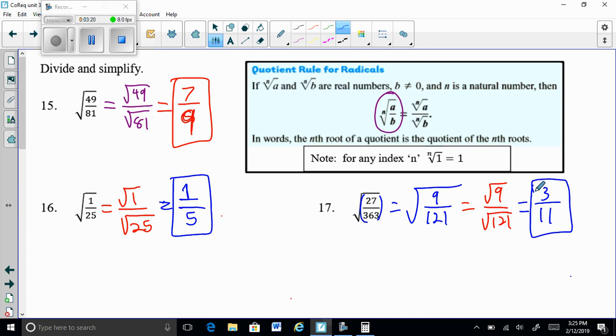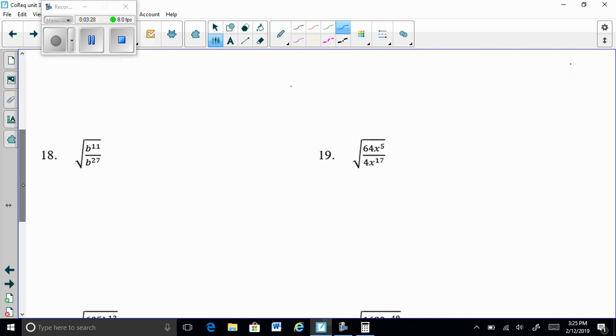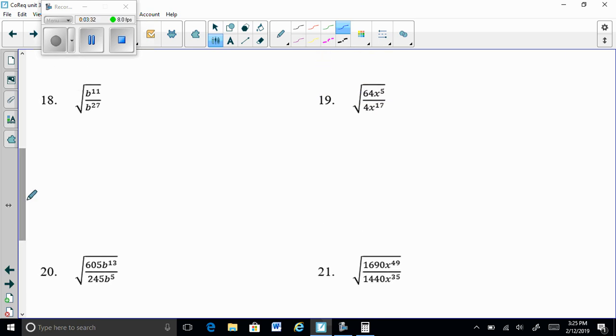I think as we move down the page, you're going to see some more that are like that. Oh, let's throw some variables in there. Not all that different. You're going to do the quotient rule first here.